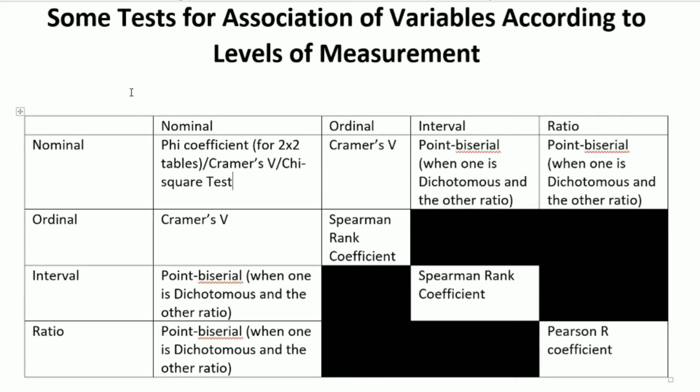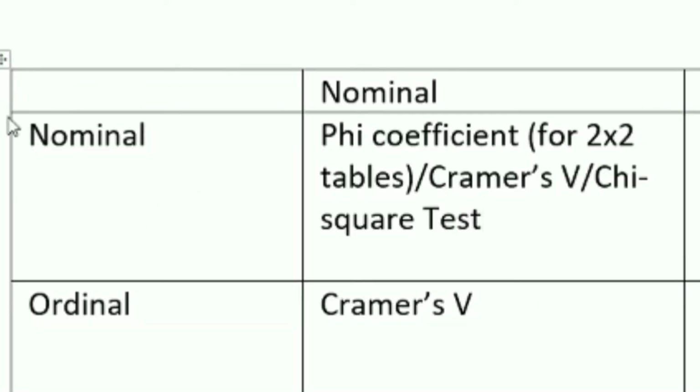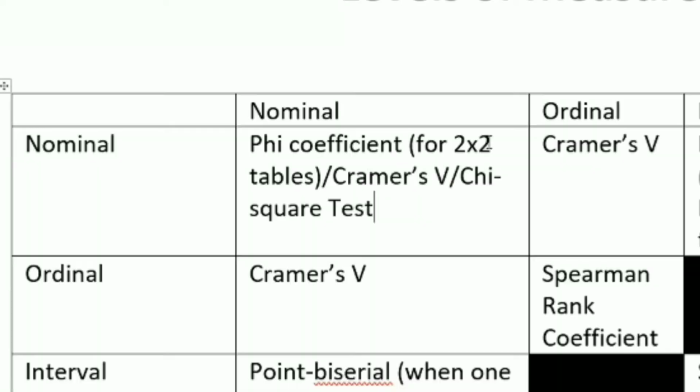As we can see, each level of measurement corresponds to the other levels of measurement. So if we have two variables, and one variable is a nominal variable and the other one is also a nominal variable, this is the statistical test that we can use.